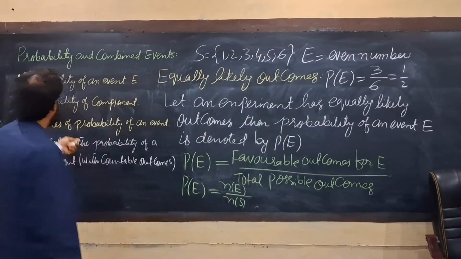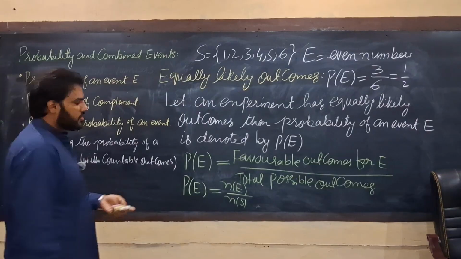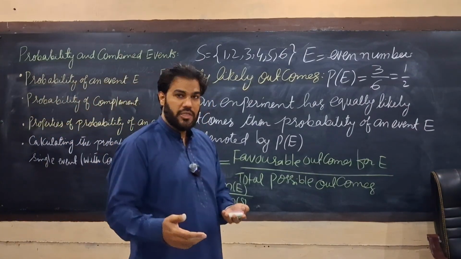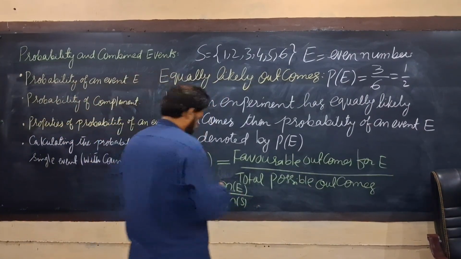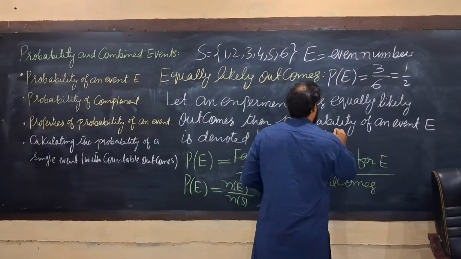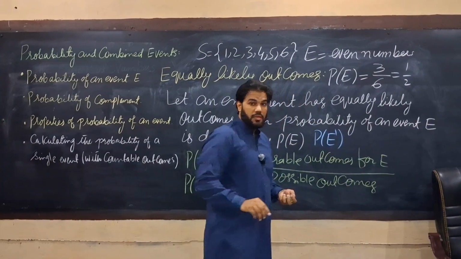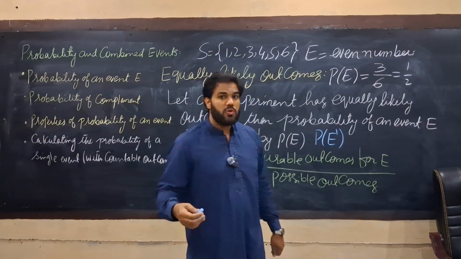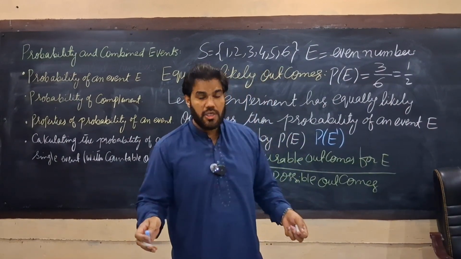Next we define the probability of complement. The probability of the complement of an event E is denoted by probability of E dash. E dash means complement of E. Complement of E means not E, E will not occur.